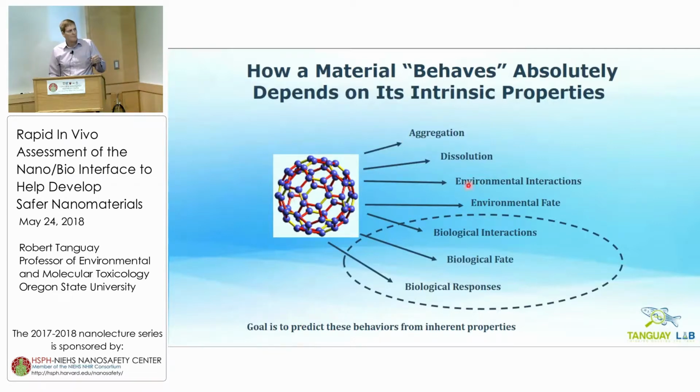Of course it is. If you have a metal oxide, whether it dissolves is dependent on the properties of the material. How it interacts with the environment is, at least initially, a result of the properties of the material. And of course, the environment it lands in influences the interaction, but still, it's all driven initially by this structure, and the fate and partitioning as well.